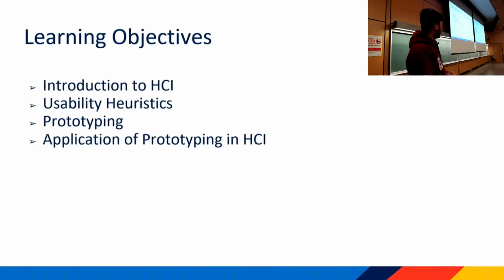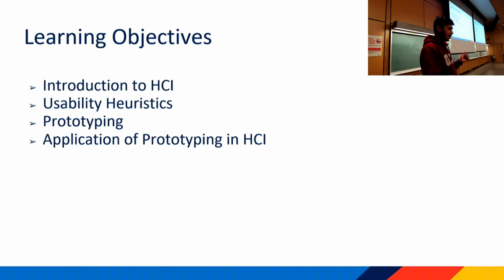So our learning objective of today's class is an introduction to human-computer interaction and usability heuristics, which is very important in HCI, because when researchers or scientists are designing something and following the usability heuristics, the system they are designing meets all the criteria and becomes a good system, software or product.